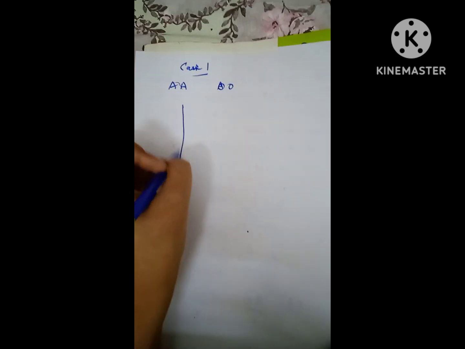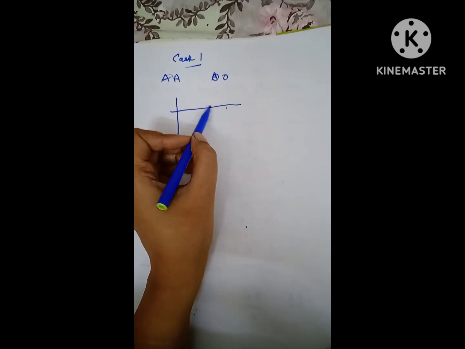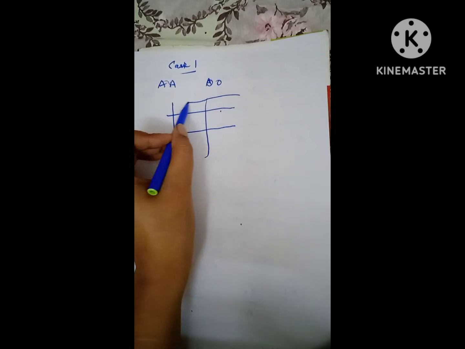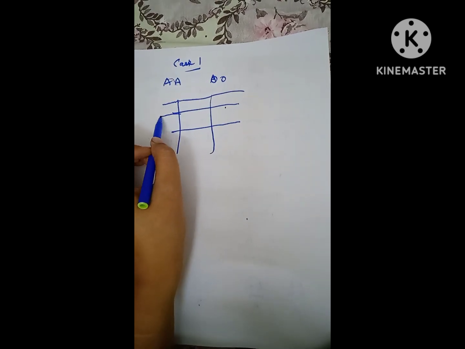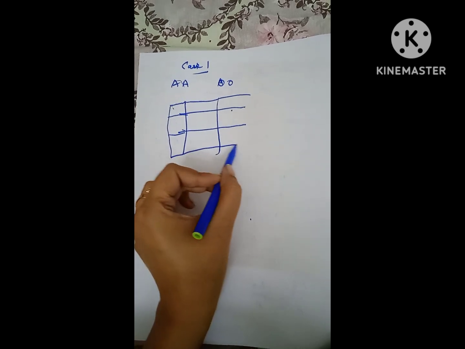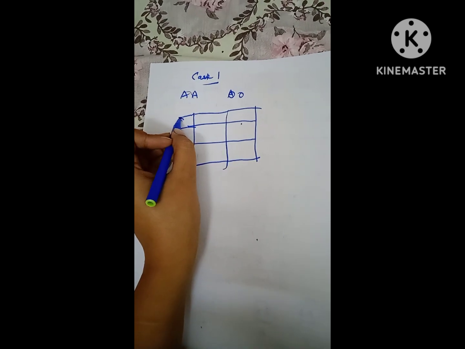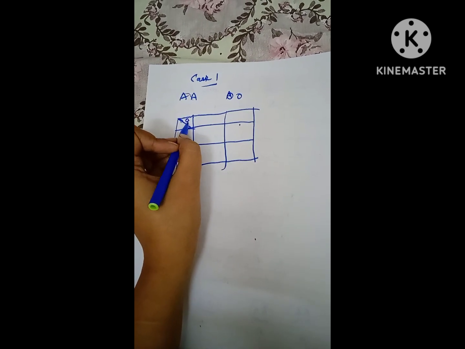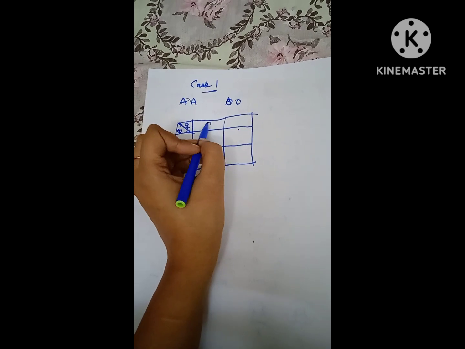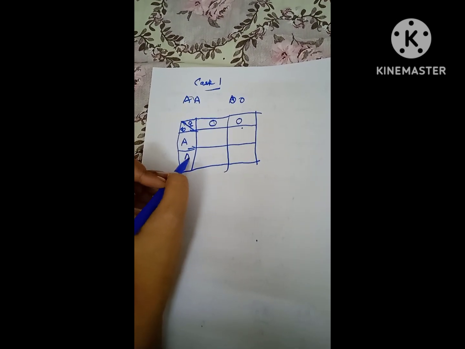Now if I draw it in a Punnett square, over here I am showing the girl and over here I am showing the genotype of the boy. So the girl is recessive OO and the boy is AA.